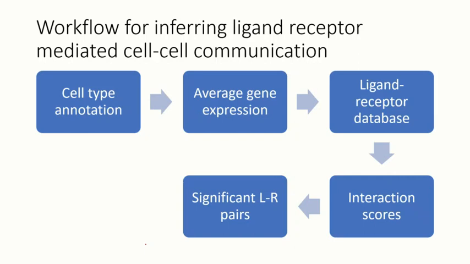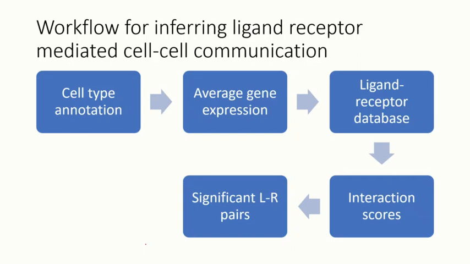Then you have ligand 1, and so on. So this is just genes, right? So you need to build a summary table.